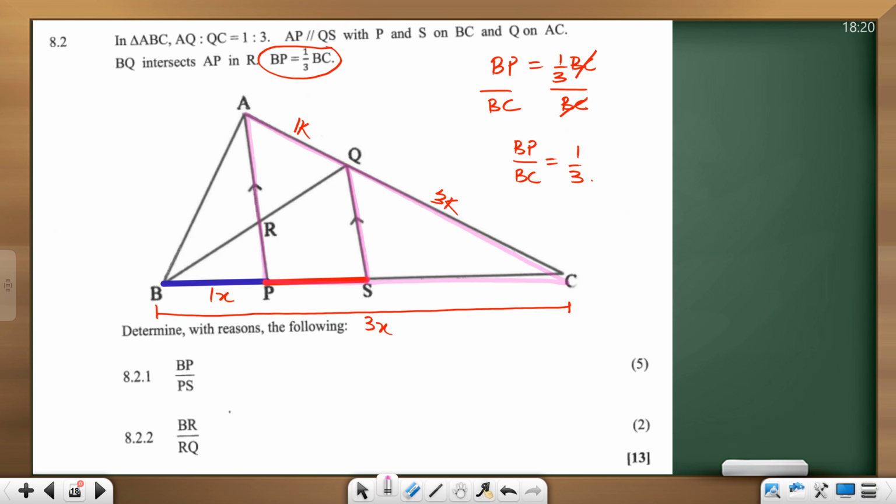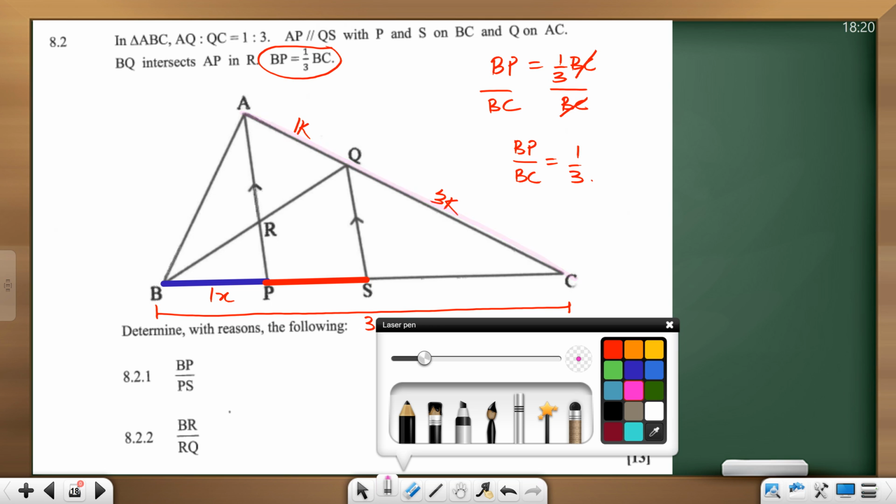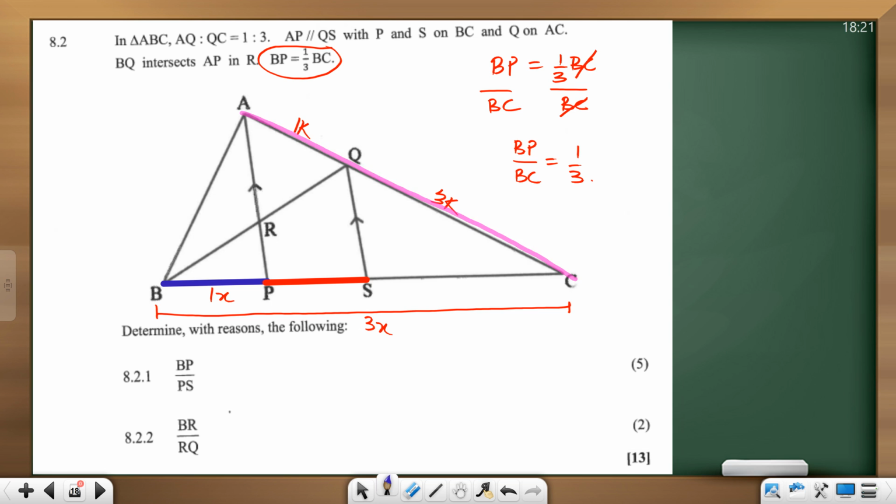That can actually help me to get PS. Why? I know this full side. Oh, by the way, check something. If this whole thing is 3x, this length is going to be 2x. Are we together there?